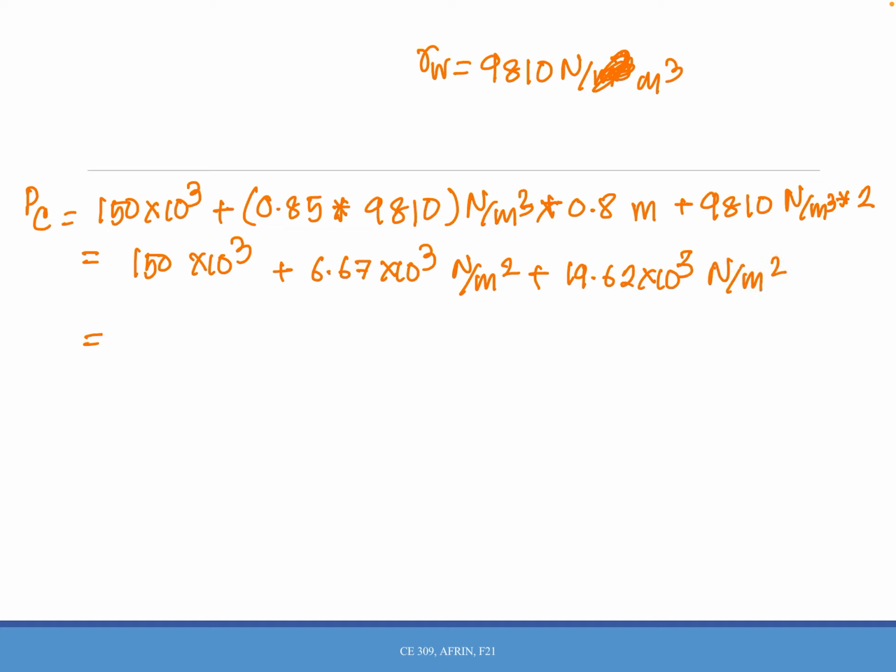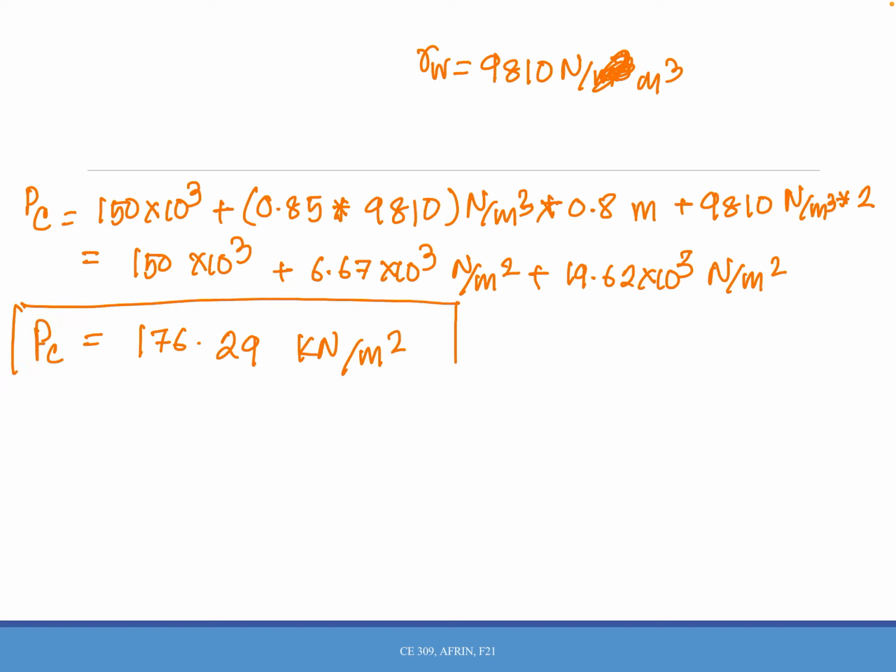So altogether it will be 176.29 kilonewton per meter square. So that is the answer for class example 5A. That is the pressure at the bottom of the tank. You see 150 was the only air pressure, but the other 26 we got from oil and the water.